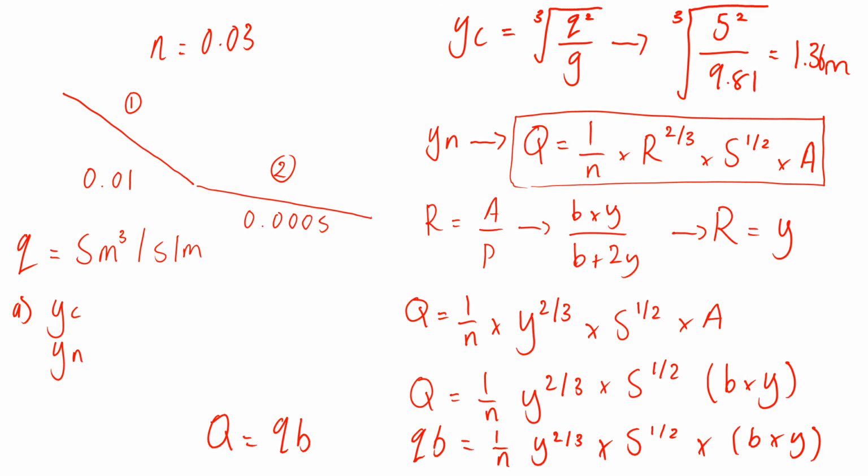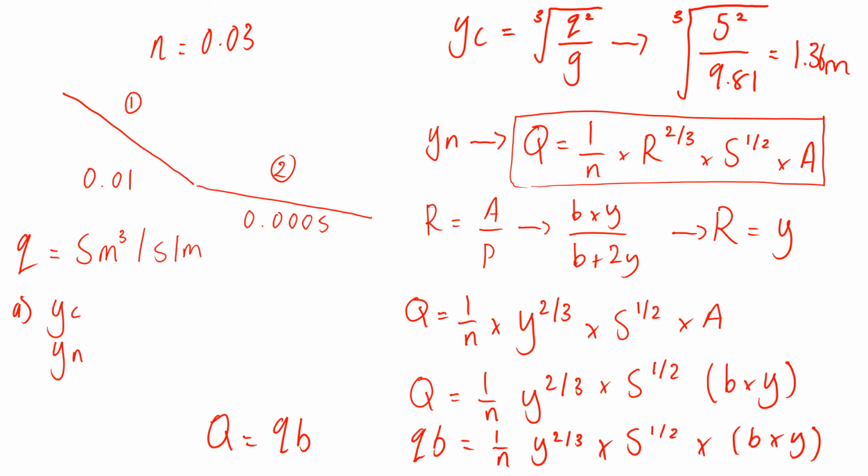Now you can divide by b, and what you get is q equals 1 over n times y to the 2 over 3 times s to the half times y.